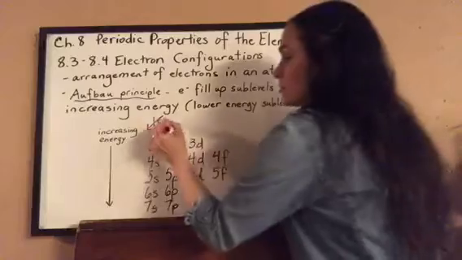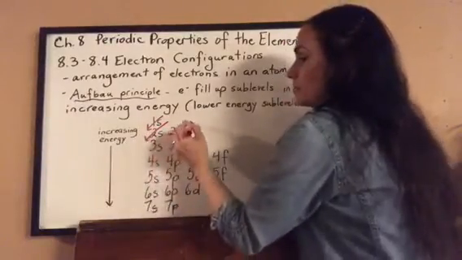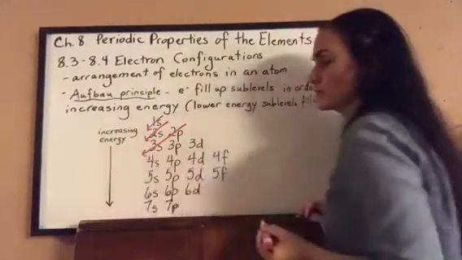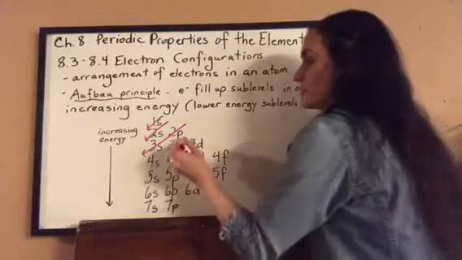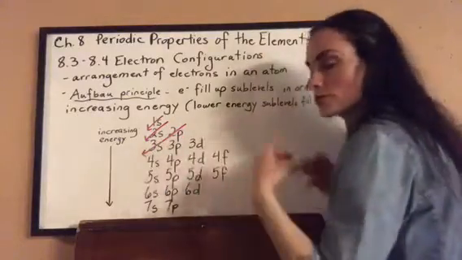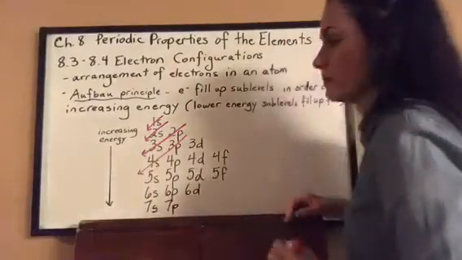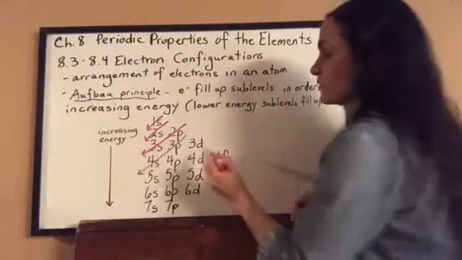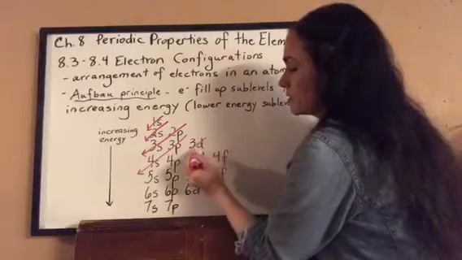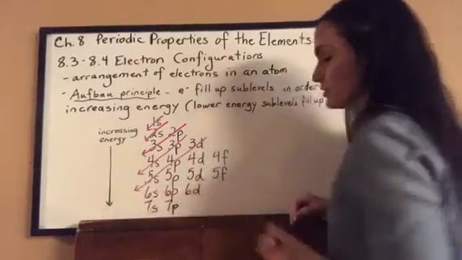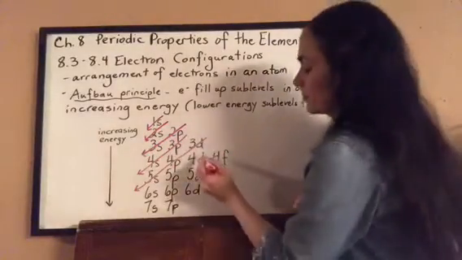Next would come 2s, followed by 2p, 3s. After 3s fills up, the atom's larger, more electrons, 3p, 4s. After 3p and 4s fill up, 3d, 4p, 5s. Continue on.